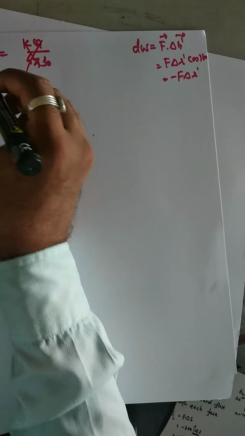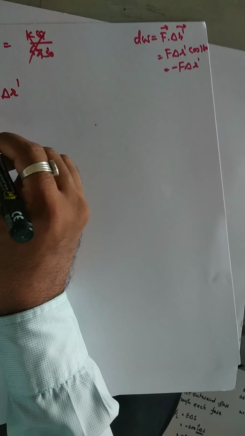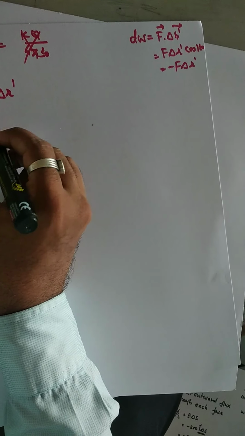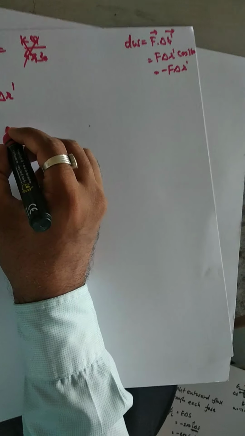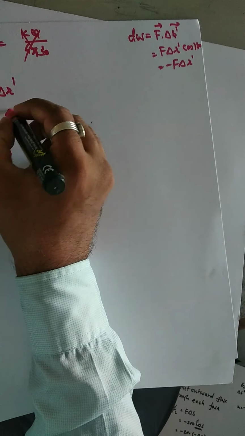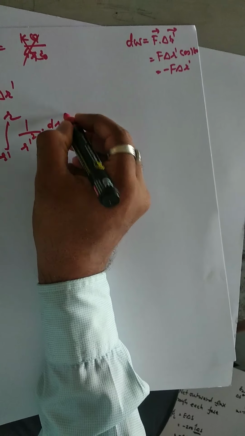So here I will write it as integration from R dash to R of minus F delta R dash. I will just put in the value of F, so I will get kQ, minus sign outside, integral from R dash to R of 1 upon R dash square into dr dash.